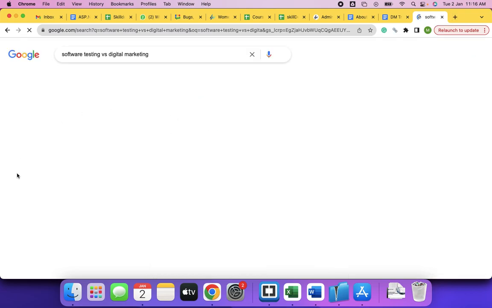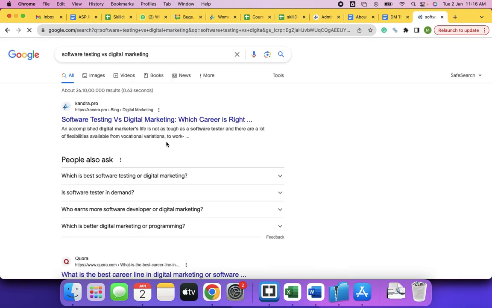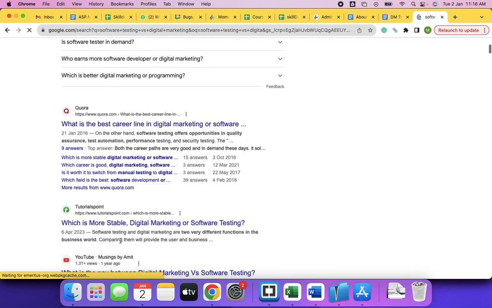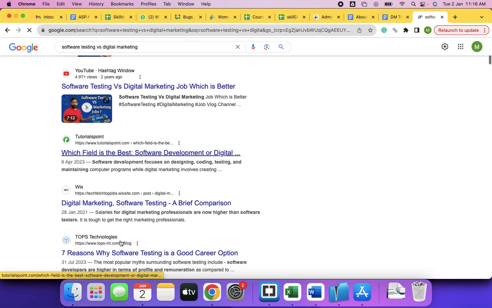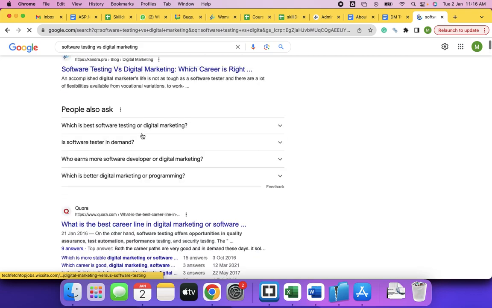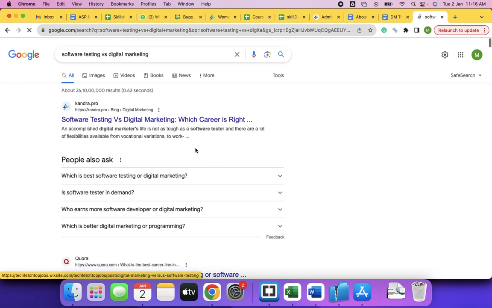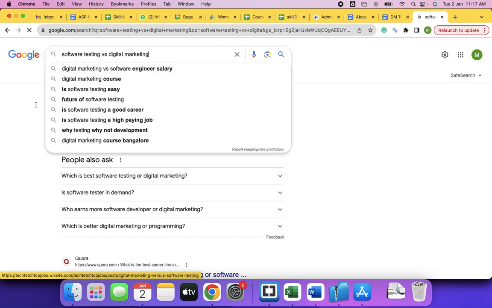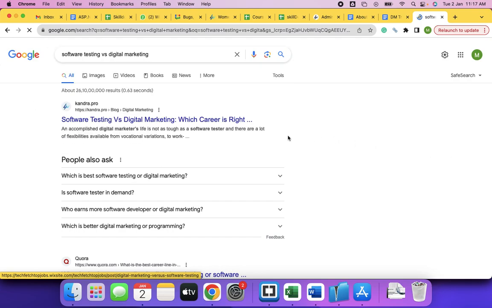Okay, so now you see so many websites here: 1, 2, 3, 4, 5, 6, 7. All these websites would have got one impression. And now if 20,000 people are searching like this every month, this website would have got 20,000 impressions. 20,000 people are searching software testing versus digital marketing, correct?